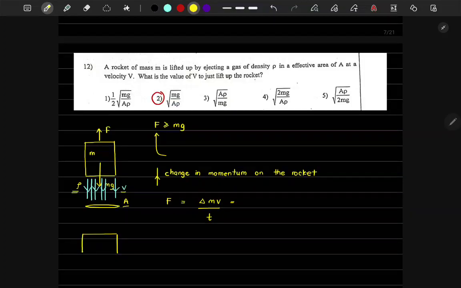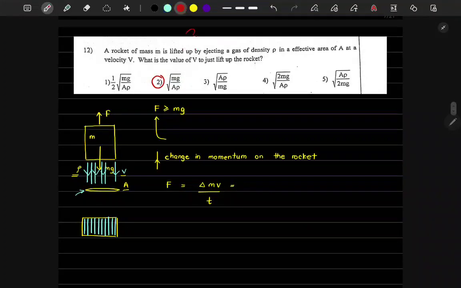During a time t, let's say that the gas which was ejected was something like this. It should be somewhat of a cylinder, right? It should not be exactly a cylinder, but let's say that this area here is circular. If so, the gas ejected should be somewhat similar to a cylinder.